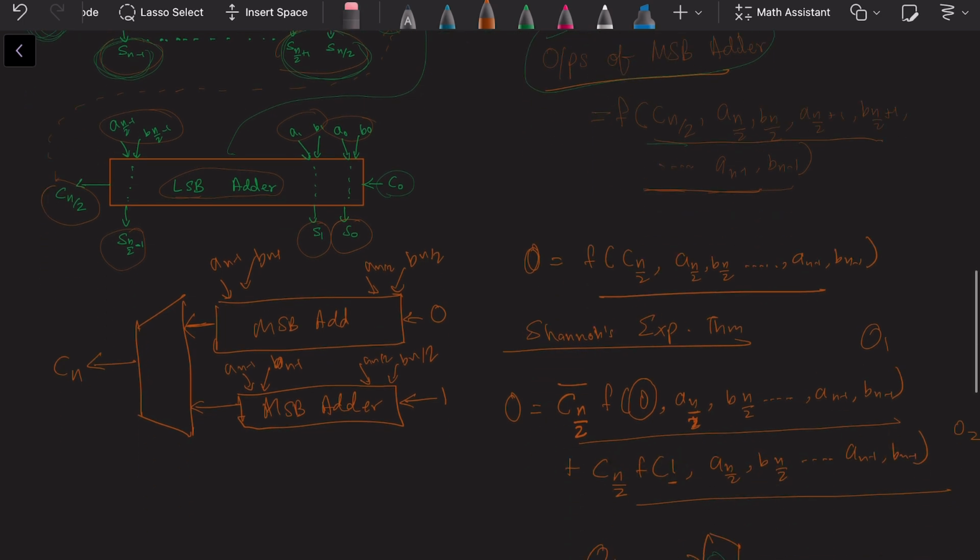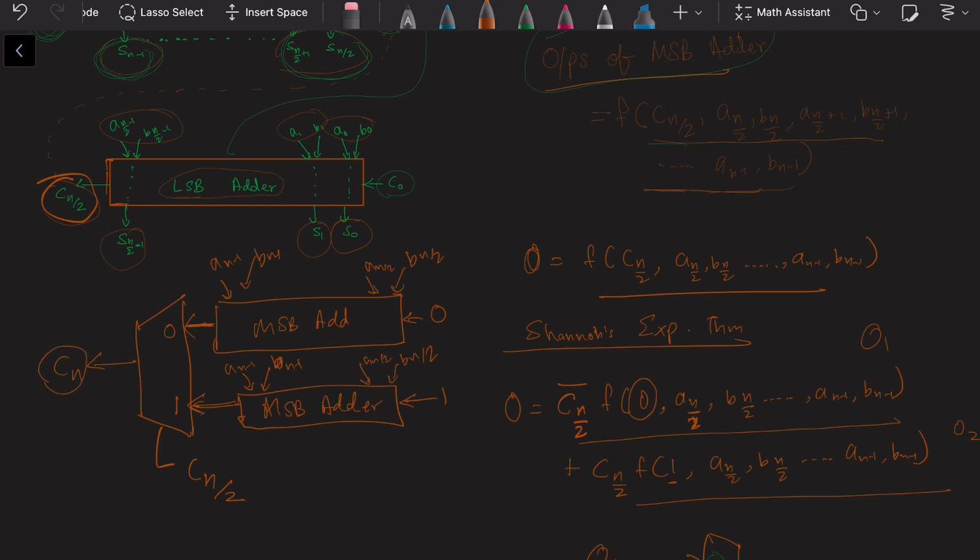So depending on the value of Cn/2, which will be computed by my LSB adder, I will multiplex which carry out goes out as the final carry out.